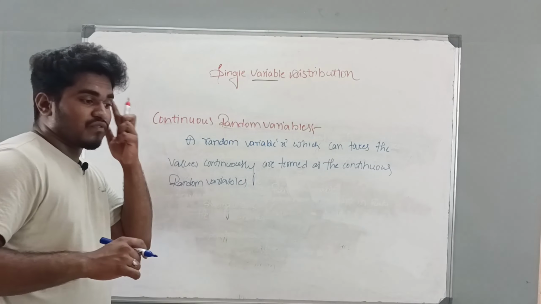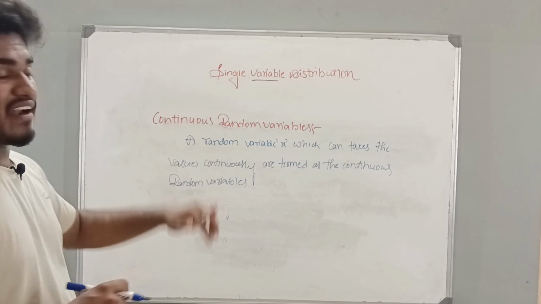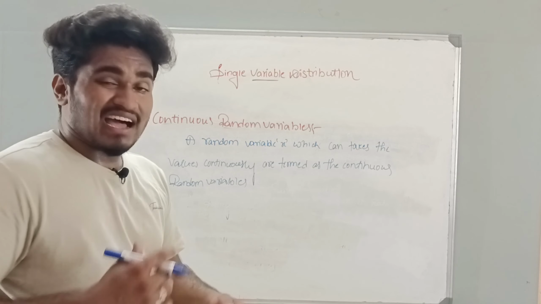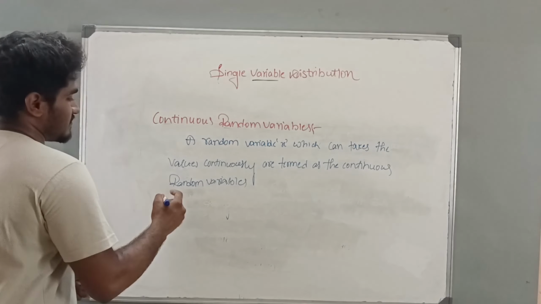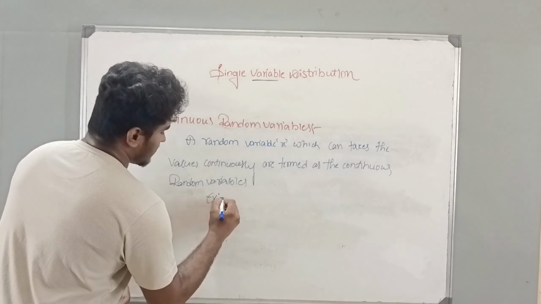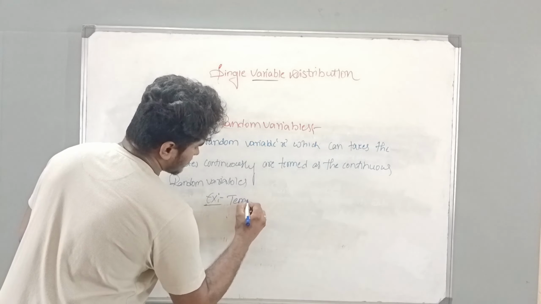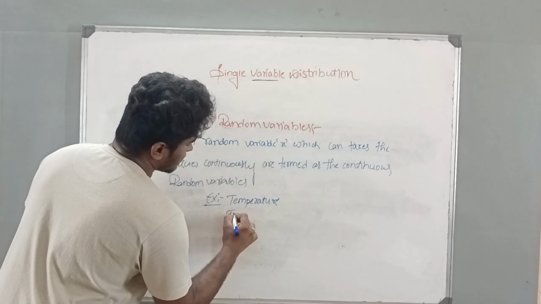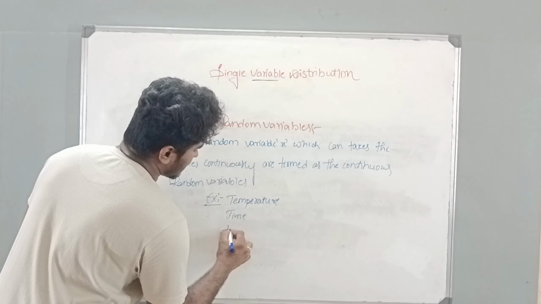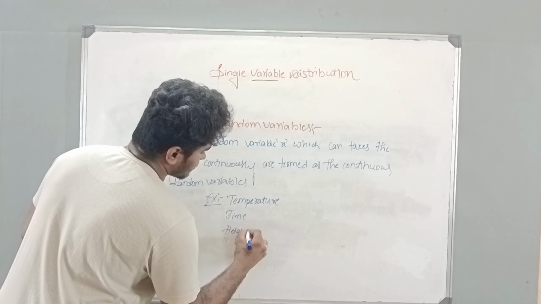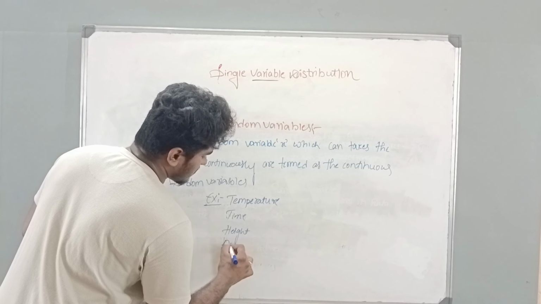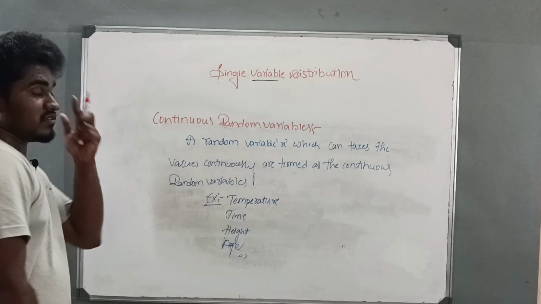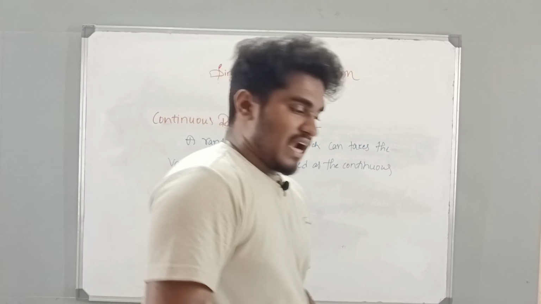Examples of continuous random variables are temperature measurements, time, height, and age.